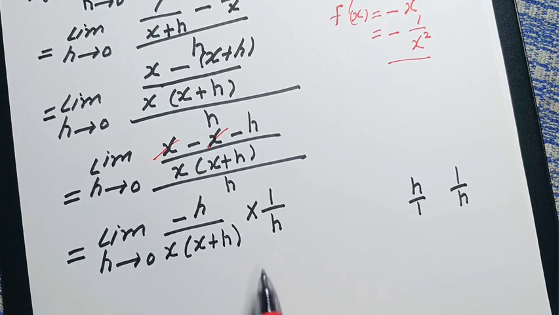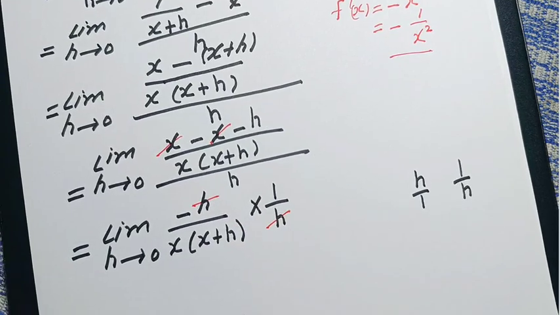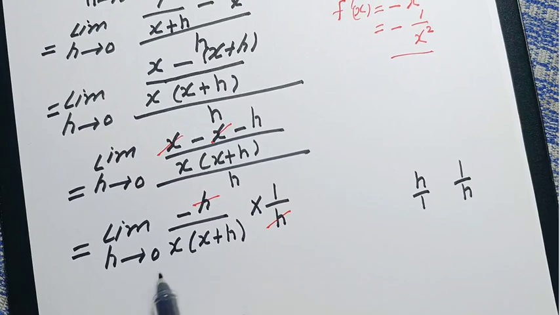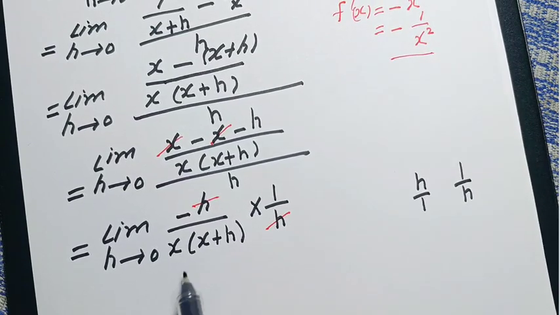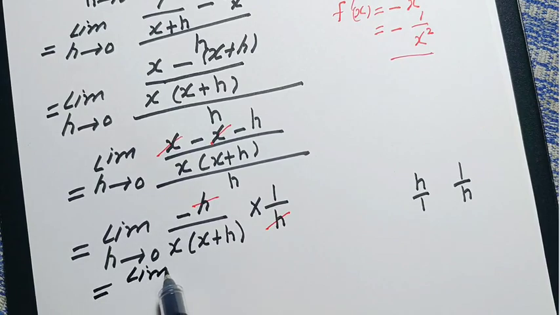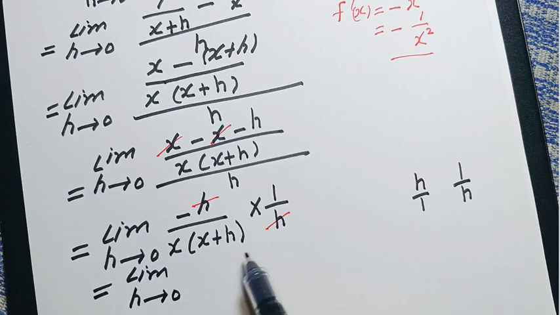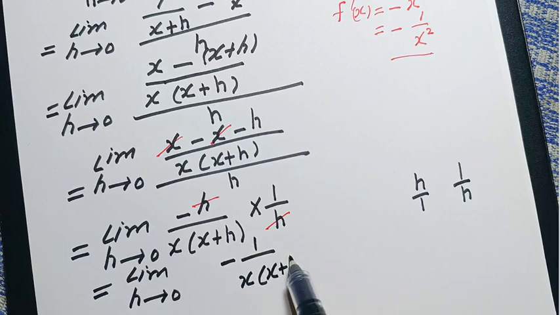Now this h and this h cancel. We are left with negative on top, and the bottom is x times x plus h. You can add one more step, the limit as h approaches 0. On top is negative, so you can say negative 1 over x times x plus h. We are left with this one.